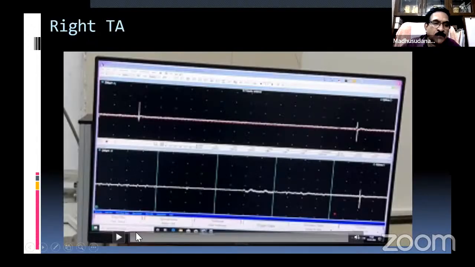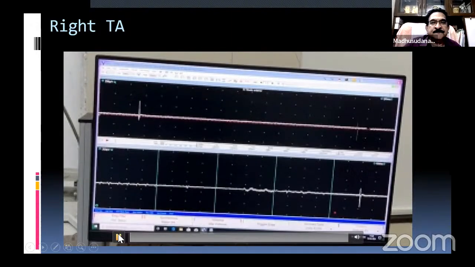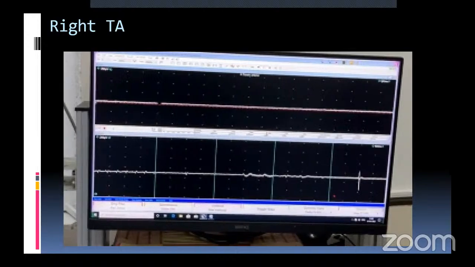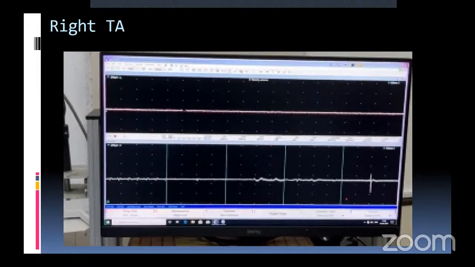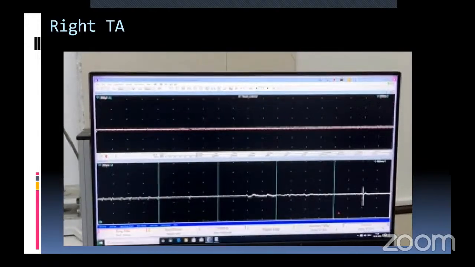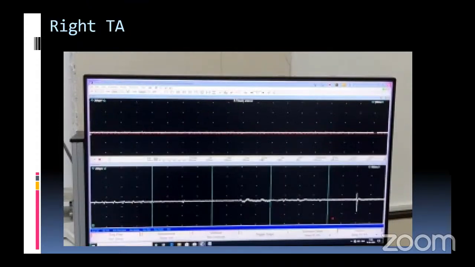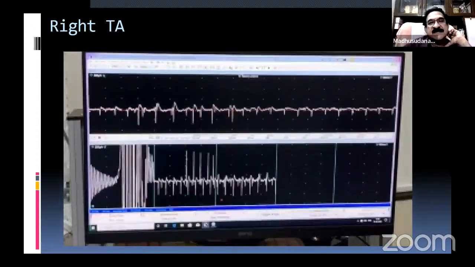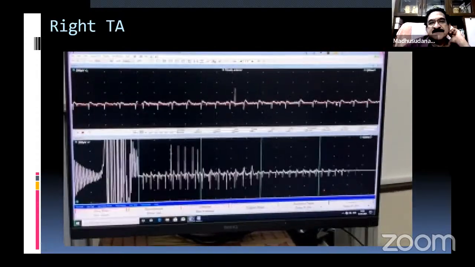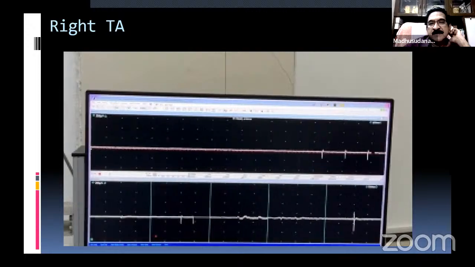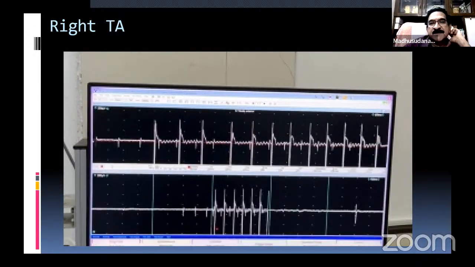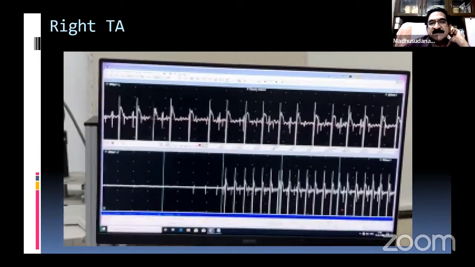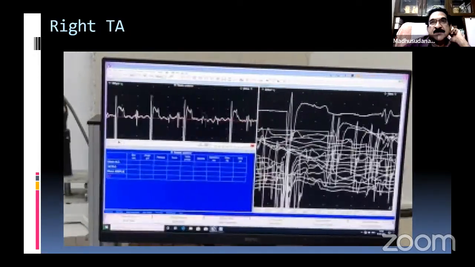So read from the right lower limb, tibialis anterior. Again, you can see that positive sharp waves were coming all along. Large amplitude polyphasic potentials with increased recruitment ratio.